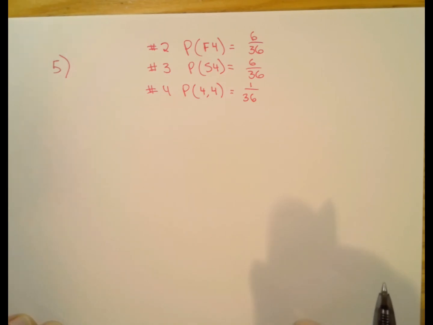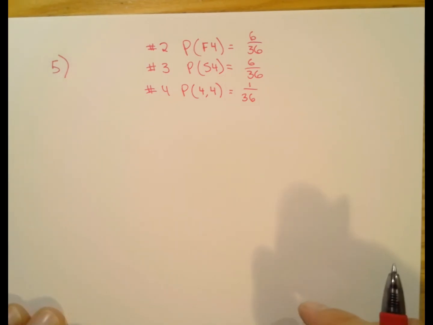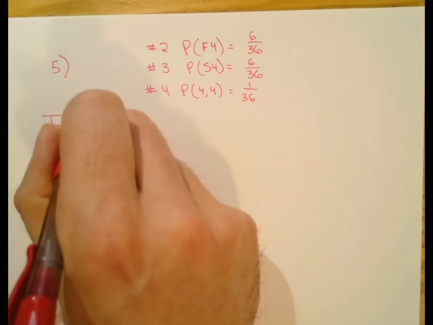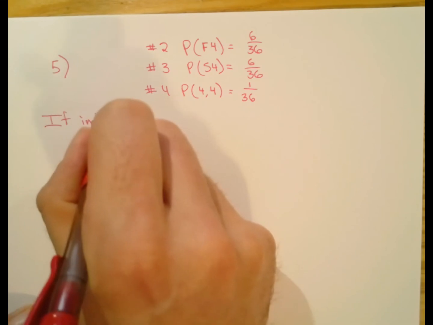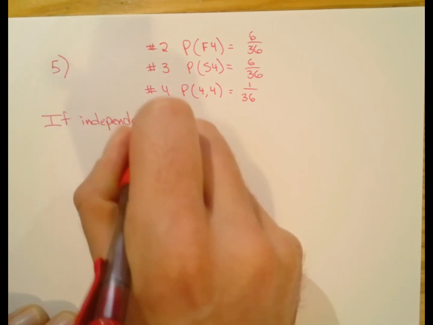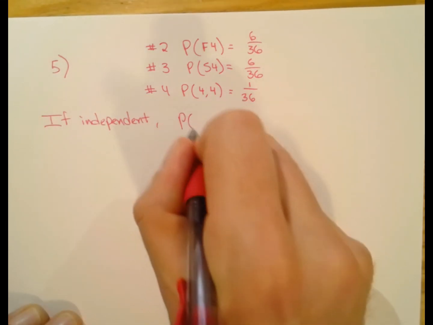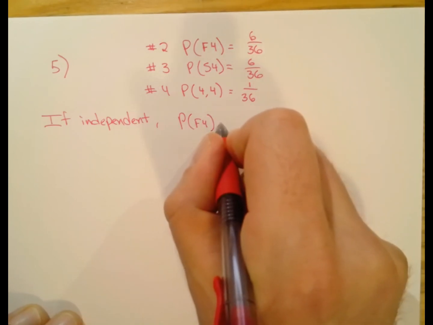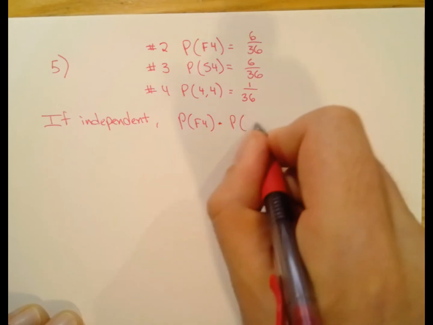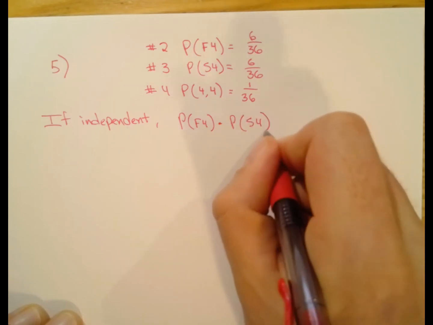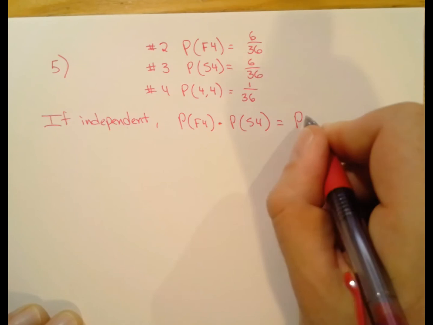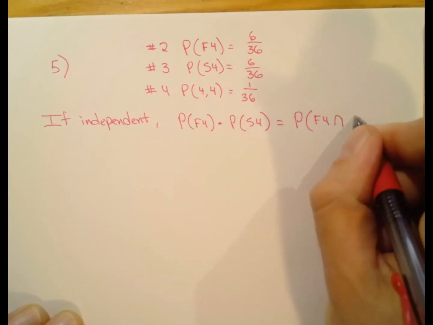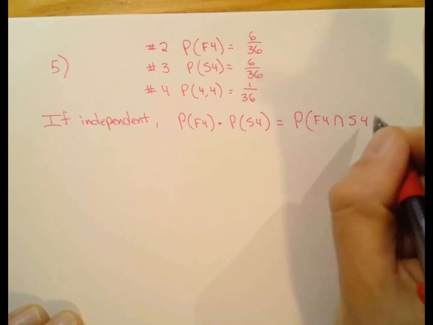Now, problem number 5 is asking, are these two events independent? So if independent, then the probability of first die 4 times the probability of the second die 4 will equal the probability of first die 4 and second die 4.